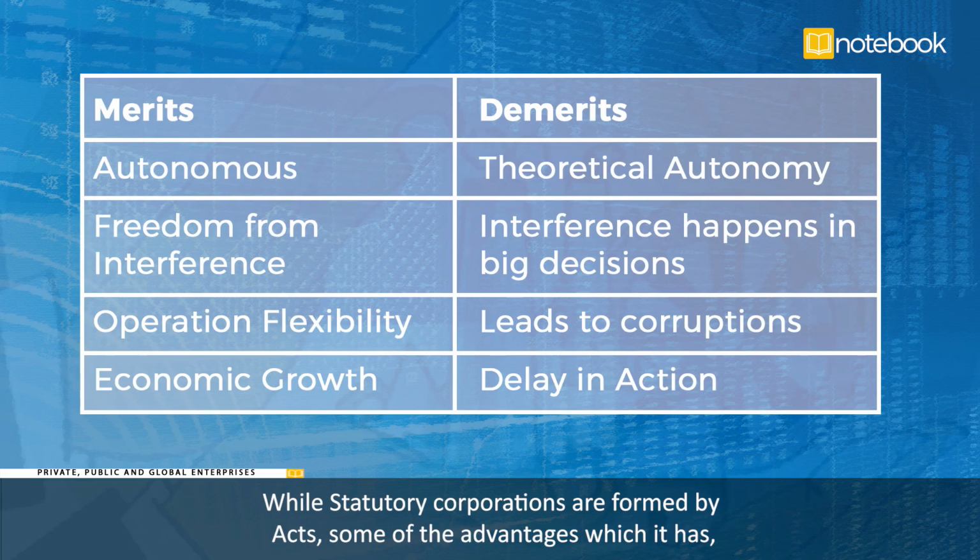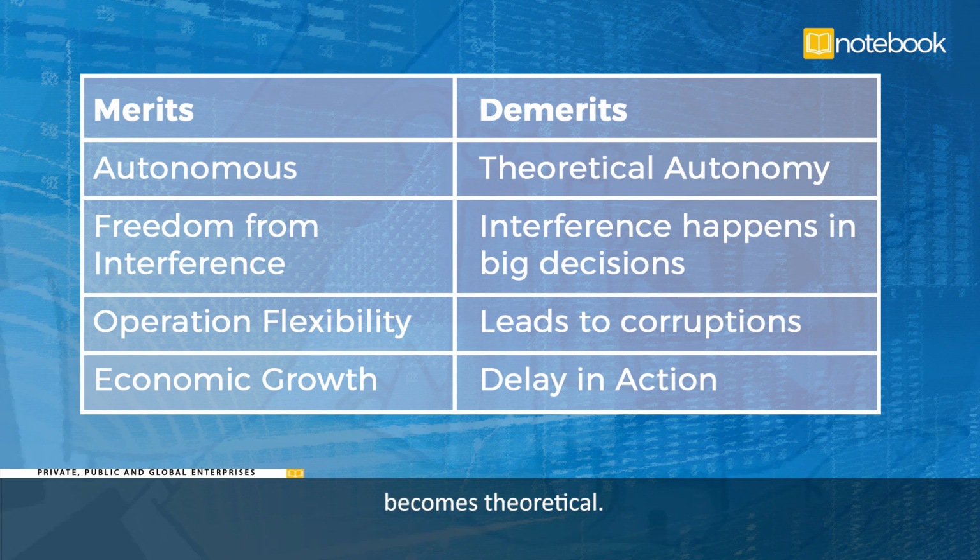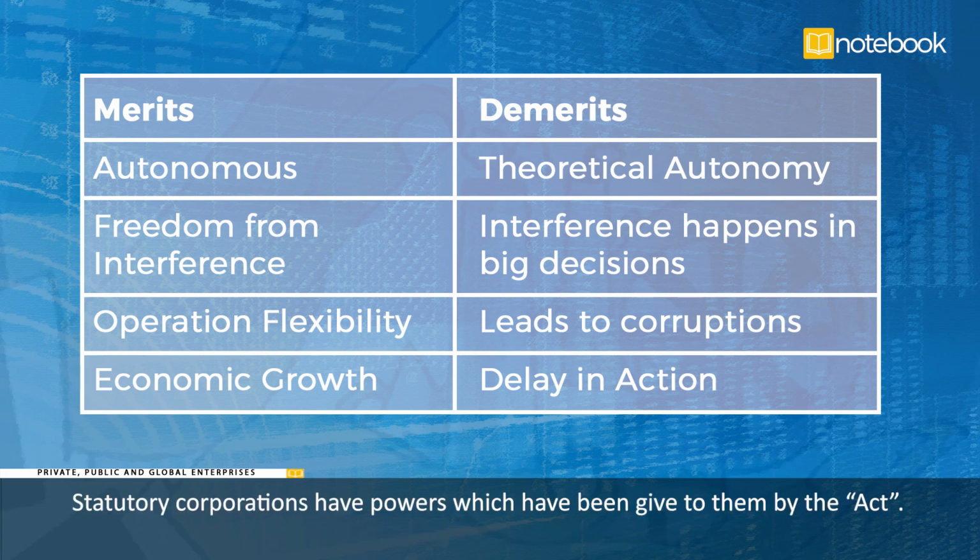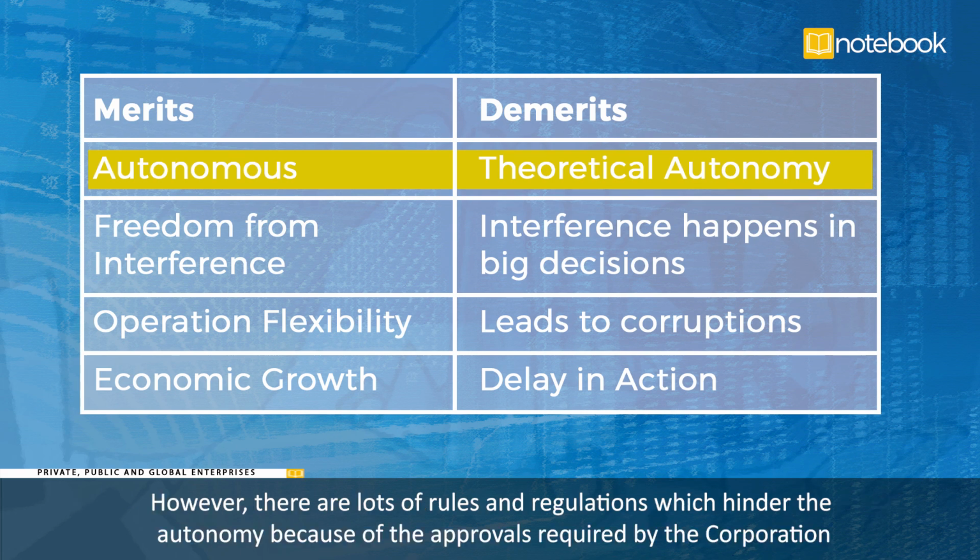While statutory corporations are formed by acts, some of the advantages which it has become theoretical. Statutory corporations have powers which have been given to them by the Act. However, there are lots of rules and regulations which hinder the autonomy because of the approvals required by the corporation.